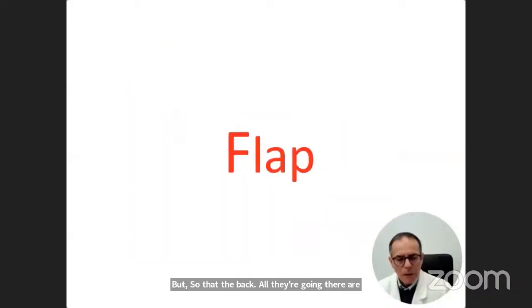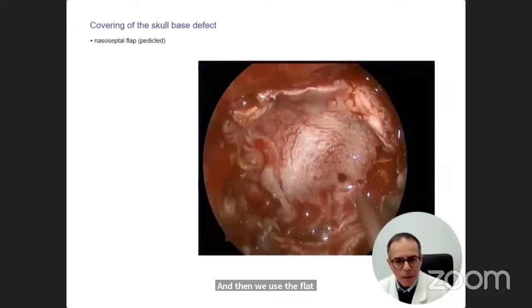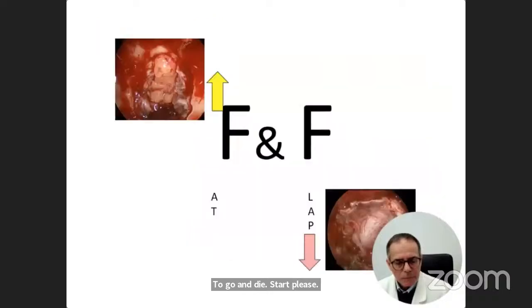And then we use the flap, the nasoseptal flap, to cover the entire skull base surface. So, fat inside, across the skull base defect, and flap to cover the skull base defect. Very easy, very simple to realize.